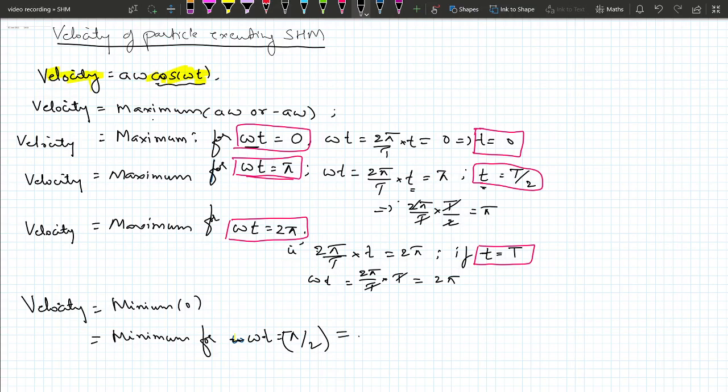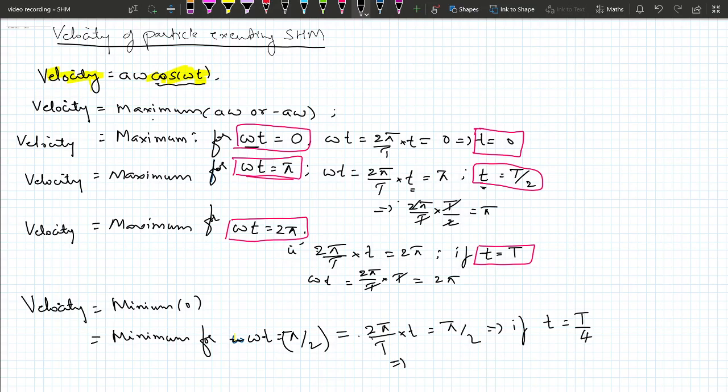If I rewrite it in terms of time, 2 pi by T into small t should be equal to pi by 2. That implies this is true if the value of t is equal to T by 4. Just substitute T by 4 here.